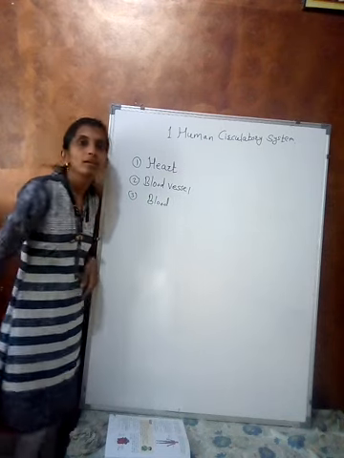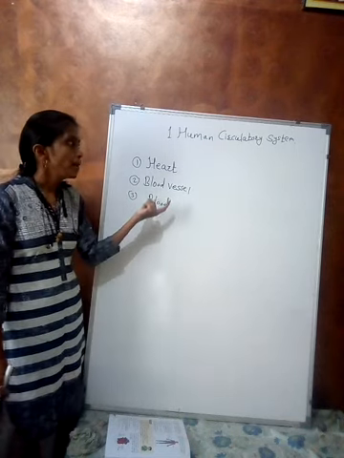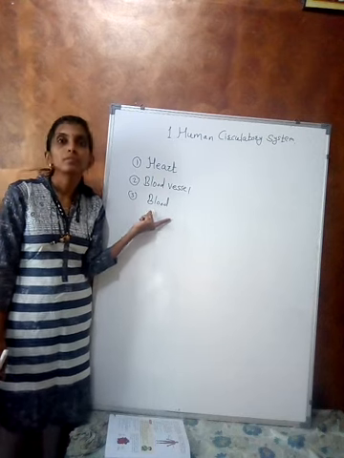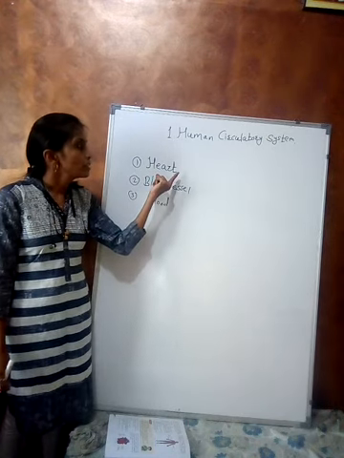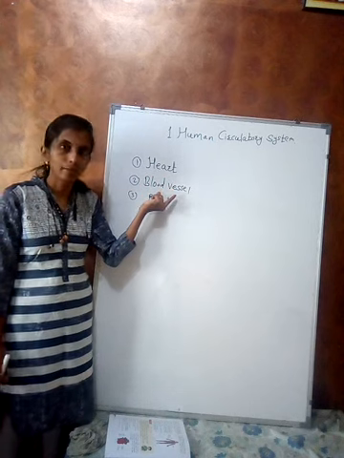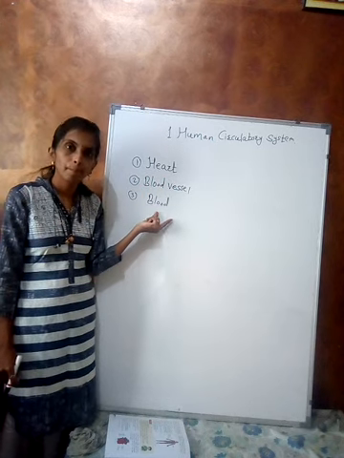These 3 parts of the circulatory system: heart, blood vessels and blood.